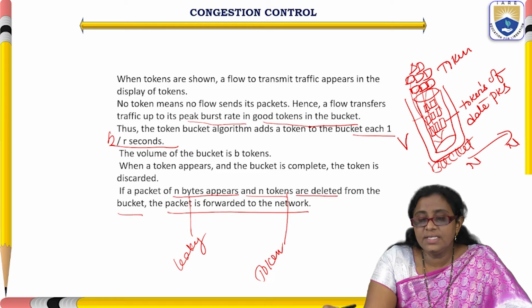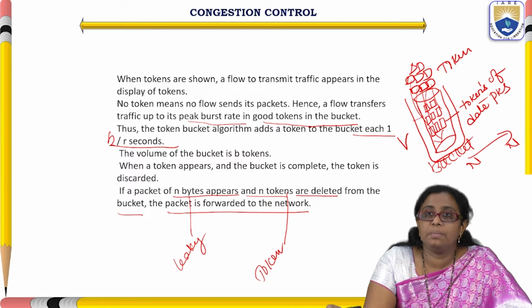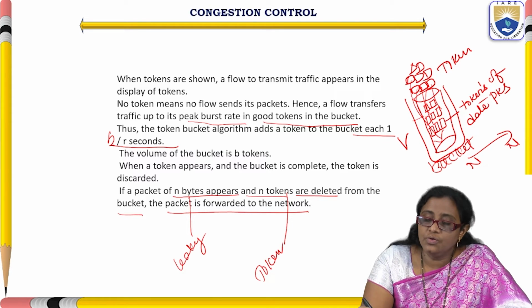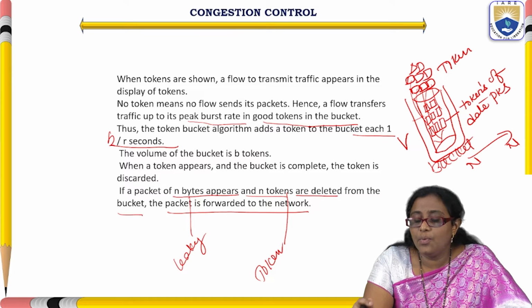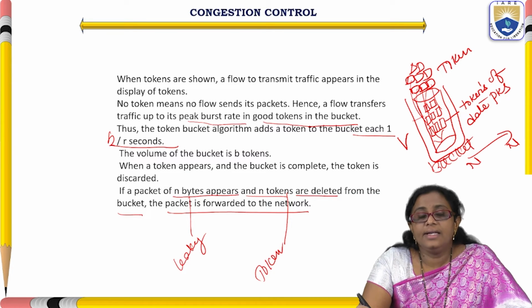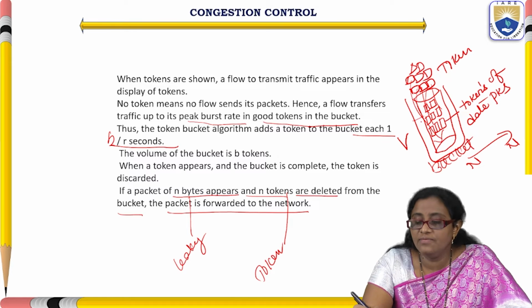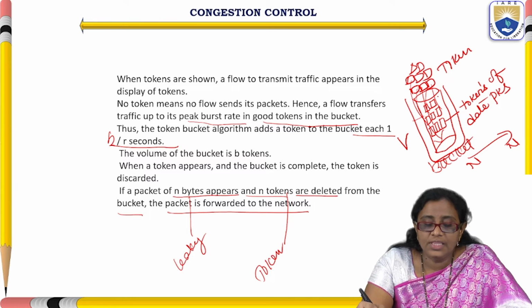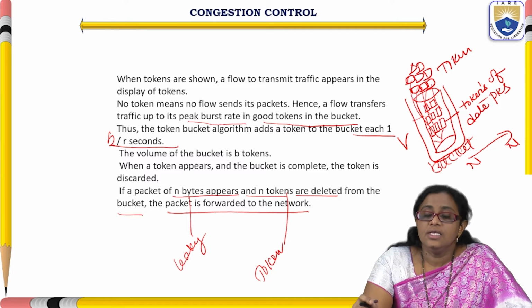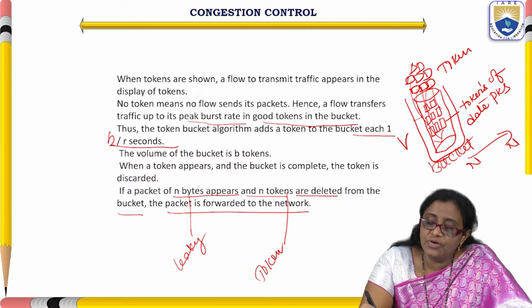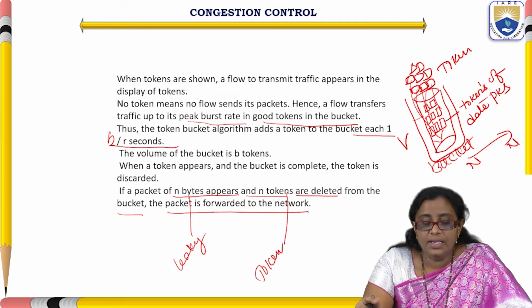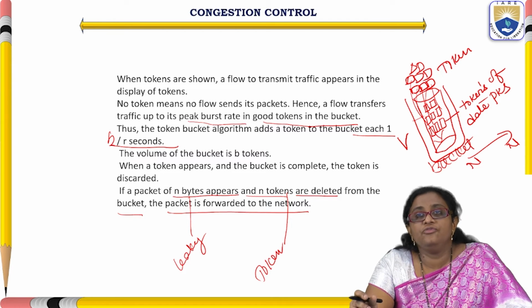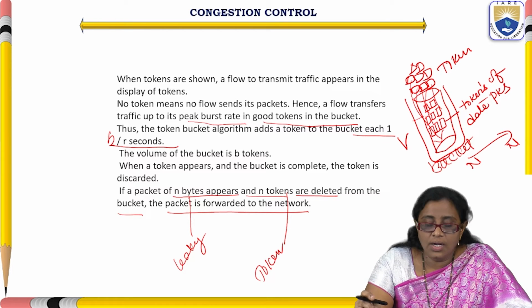Here, the concept I need to explain again is that the bucket is filled with the data tokens arriving one by one. Whenever the bucket is filled with a peak burst rate of good tokens, it will be filled heavily, and when it holds a good number of tokens, n tokens are deleted from the bucket.